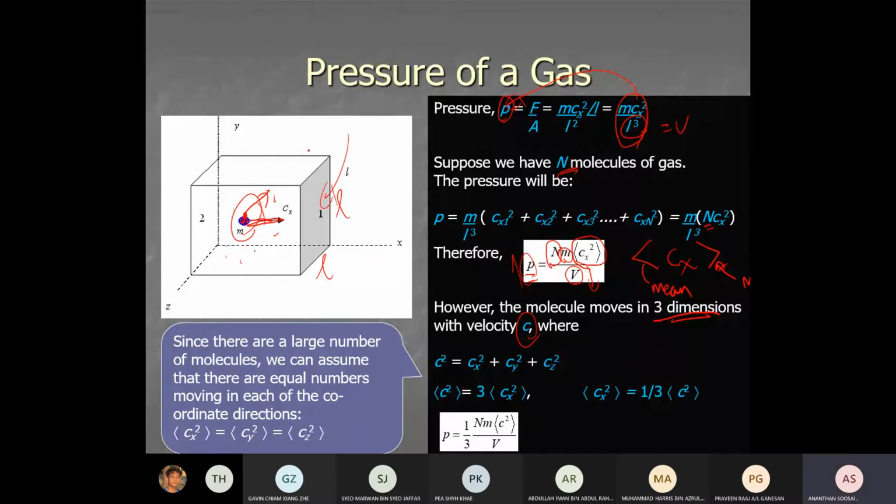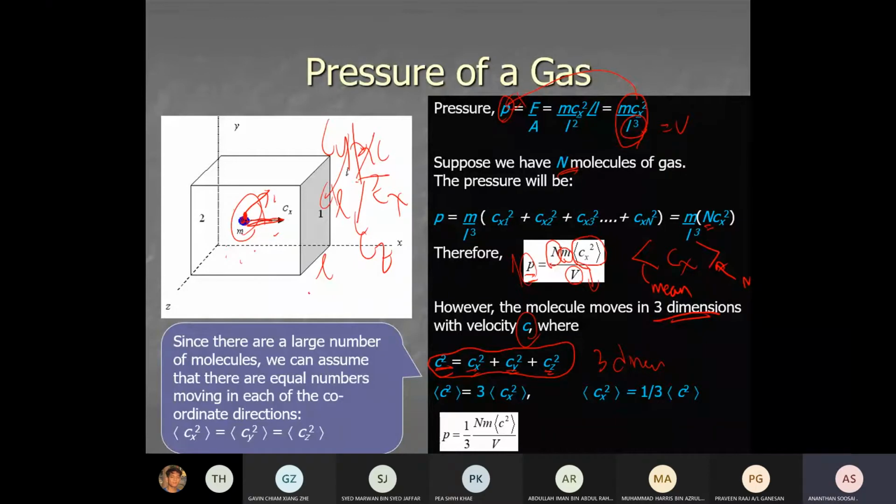So any velocity moving diagonally, that c will have 3 components: cx, cy, and cz. This is how the actual velocity is related to its components. We are focusing on 3 dimensions. So c squared equals cx squared plus cy squared plus cz squared.